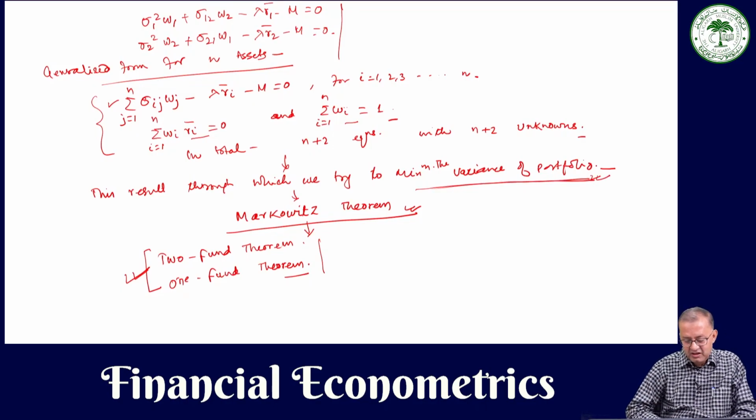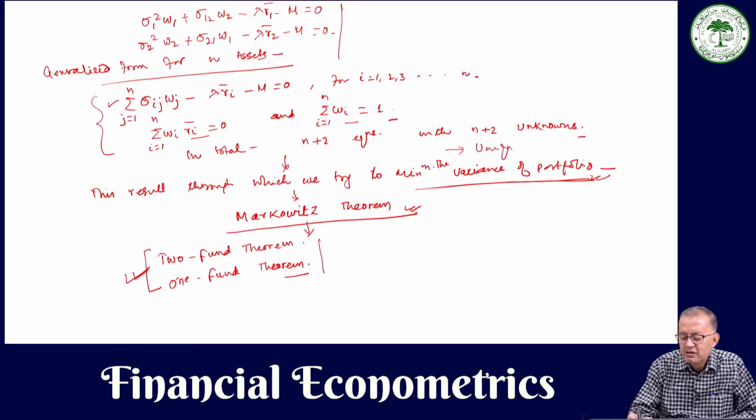Clear? So n plus 2 equations, n plus 2 unknowns. So here also you can get unique solutions.